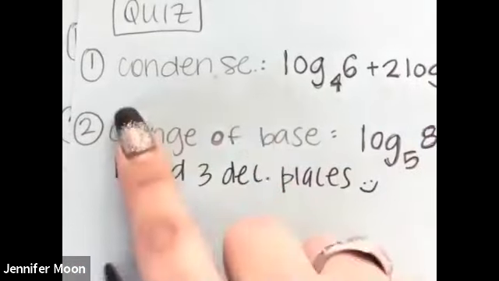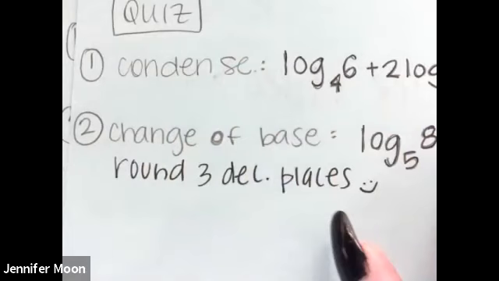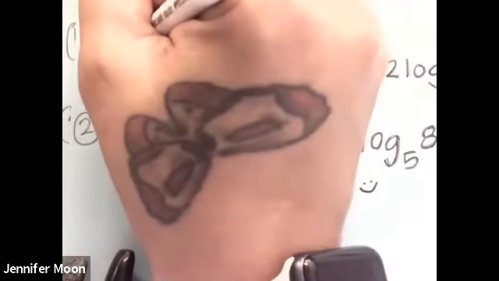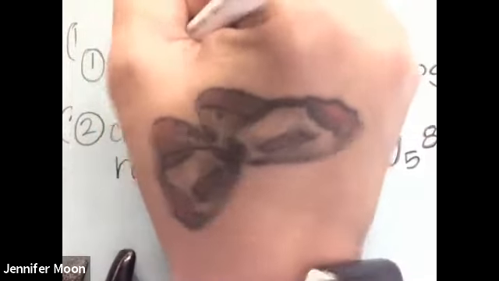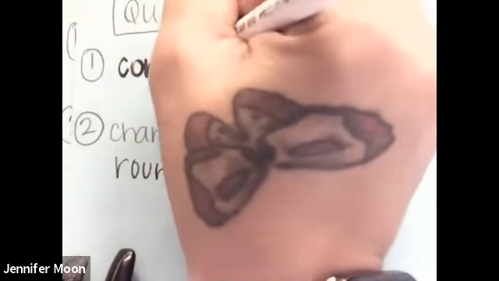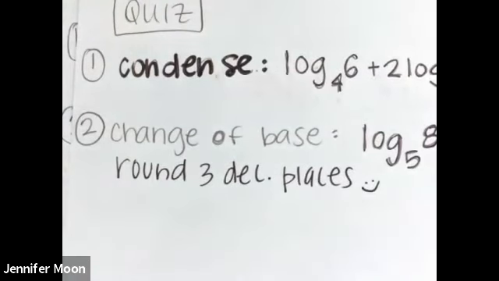Okay, this says condense. These two right here, and then change of base, round to 3 decimal places. And that's log base 4 of 6 plus 2 log base 4 of x.